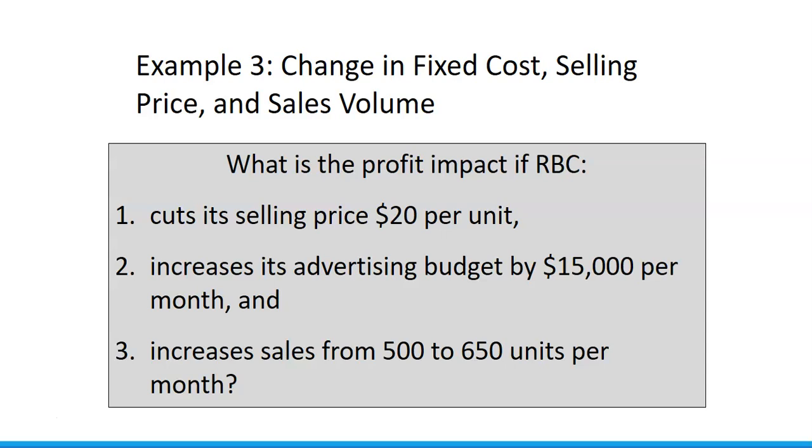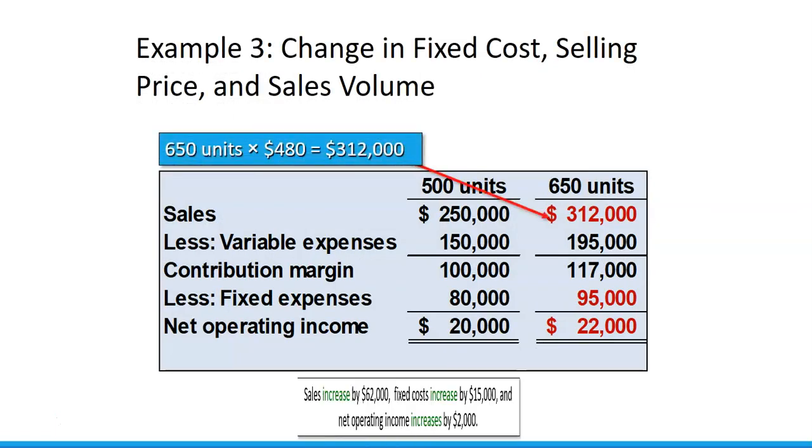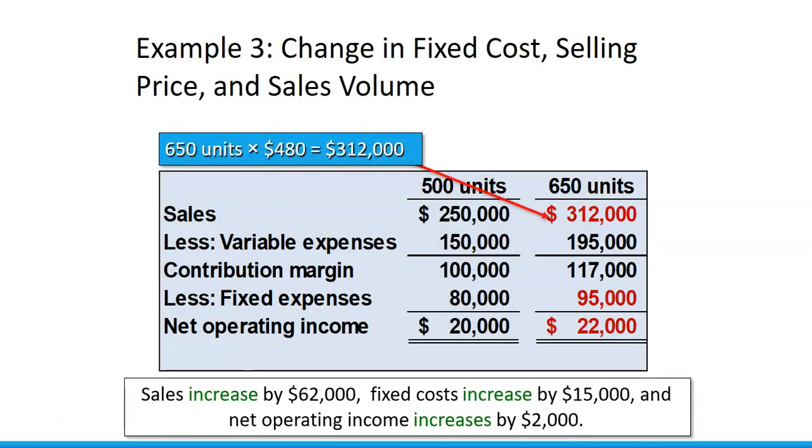So what does that do to our bottom line? We increase sales and fixed cost, and we have a net increase in our operating income of $2,000. We would just have to decide, is $15,000 in additional fixed expenses worth it to us for a net operating income increase of $2,000?